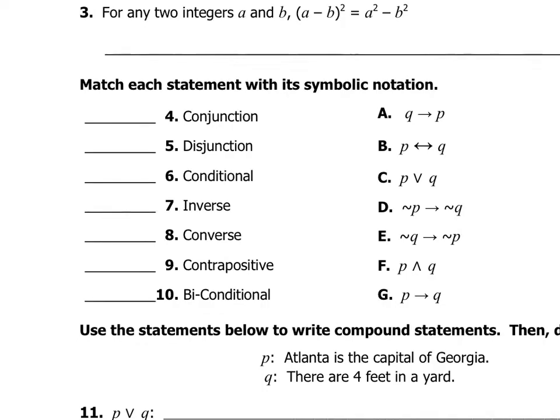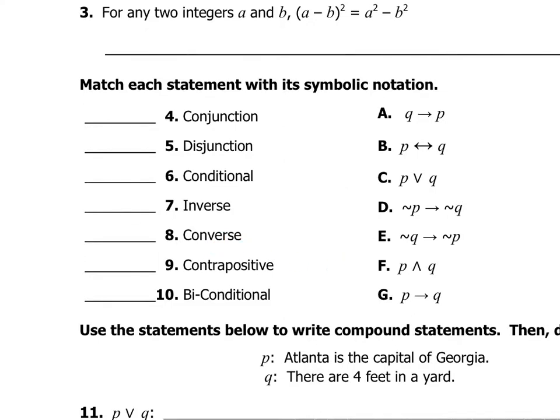Okay, 4 through 10. All right, you're allowed to use your notes for any of these too, by the way, guys. So just matching. This is conjunction, disjunction, conditional, inverse, converse, contrapositive, and biconditional. Here's all your choices. Use your notes to help you match up which goes with which.